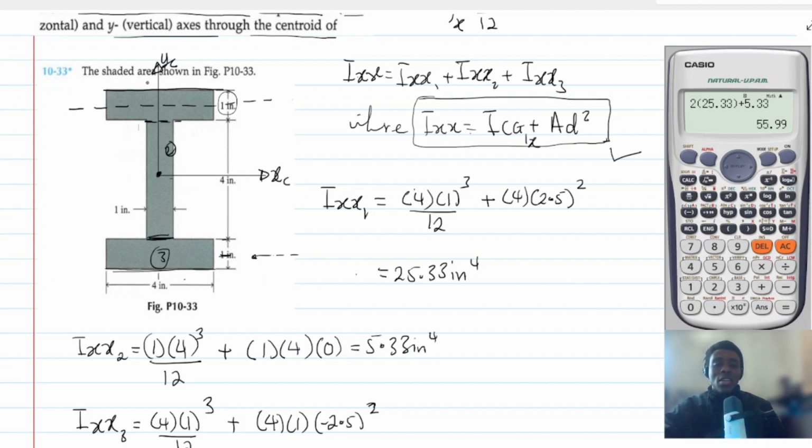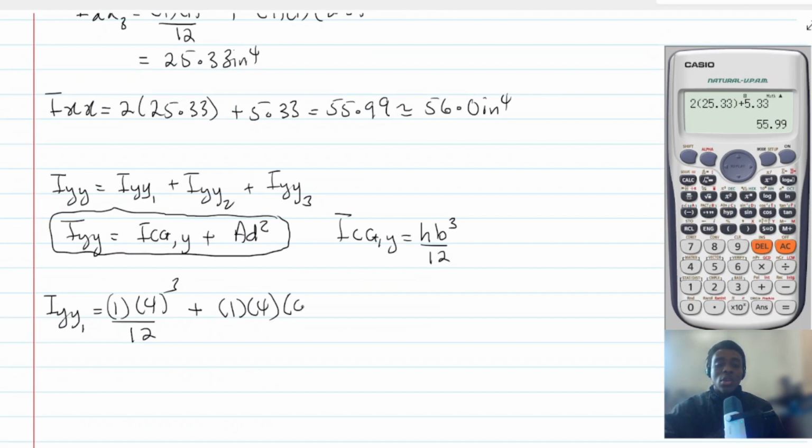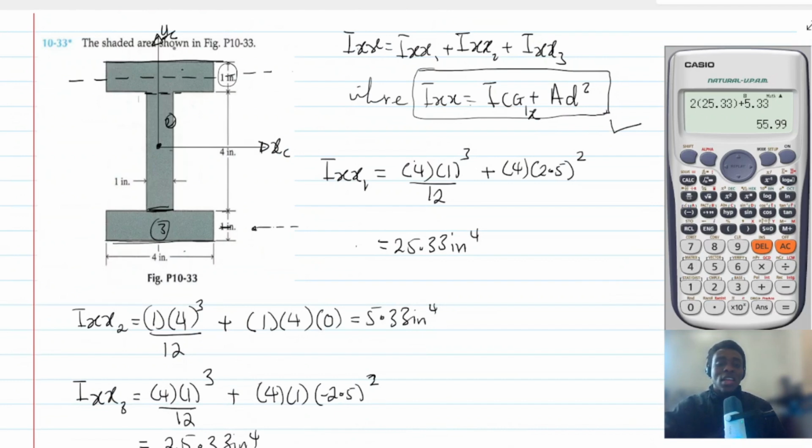In other words, the y-axis which will pass through the centroid of this will also pass through the whole centroid. Therefore, there is no parallel distance. So the parallel axis theorem term will be 0 for that aspect. If you look at the figure clearly, you can see that the y-axis is passing through exactly. So we are not going to worry ourselves calculating the parallel axis theorem.